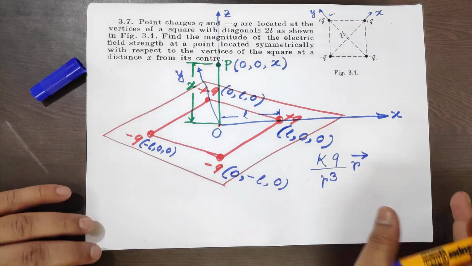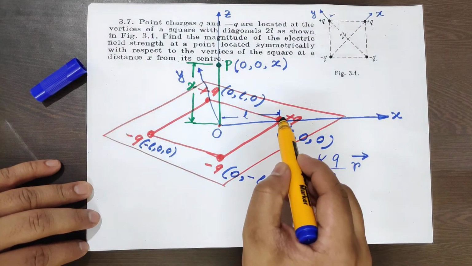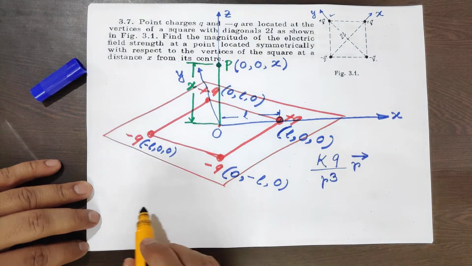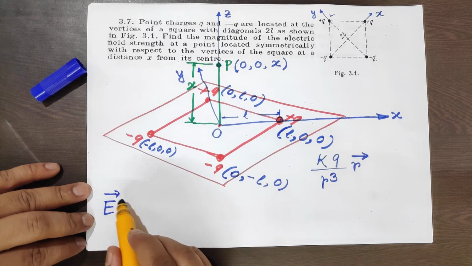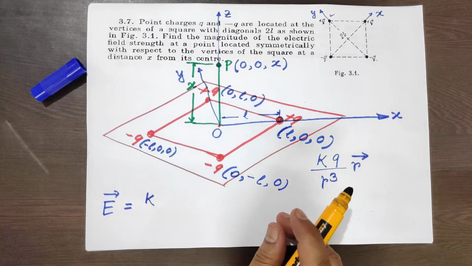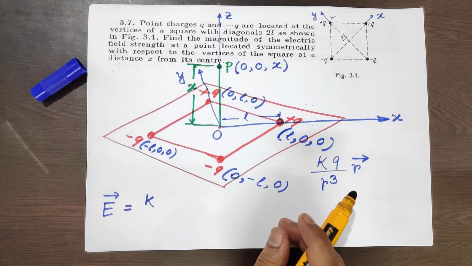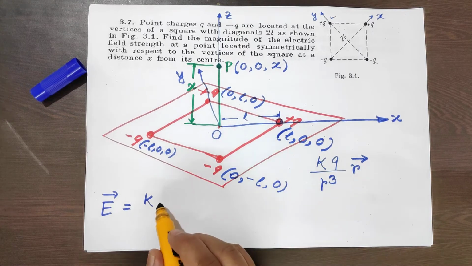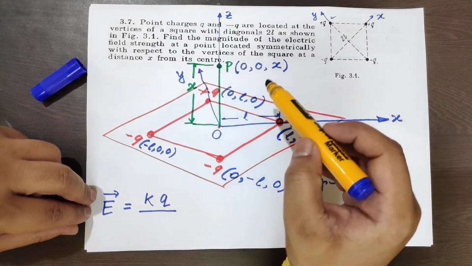Now for this problem, let us find out the field at this point P due to this charge. There were 4 terms. E equals, now I will write k here at last. In the last step I will substitute k as 1 by 4 pi epsilon naught. So that's k into q by r cube.